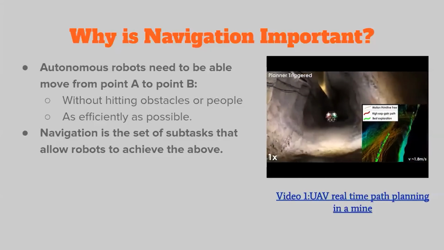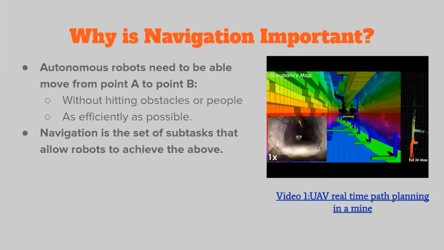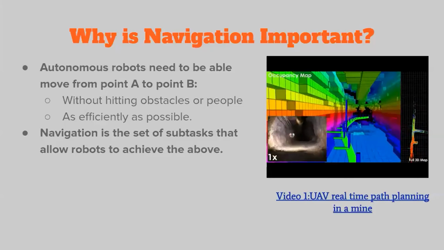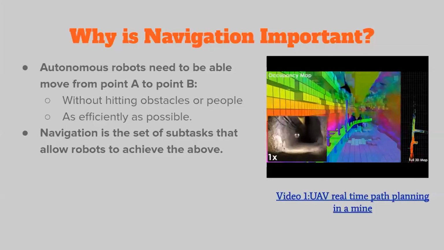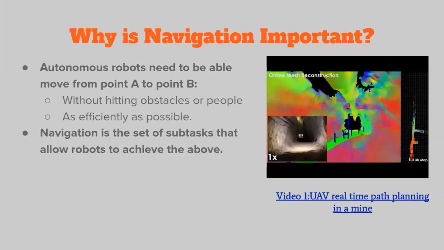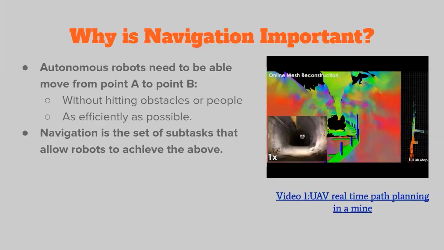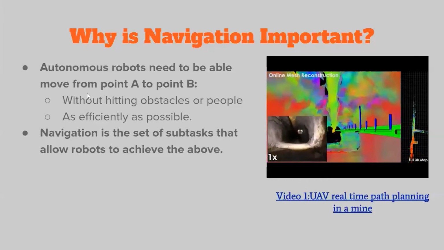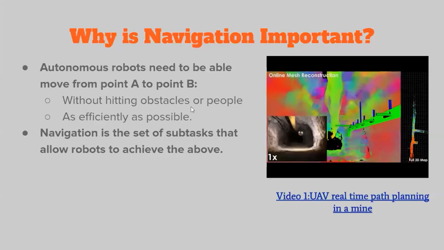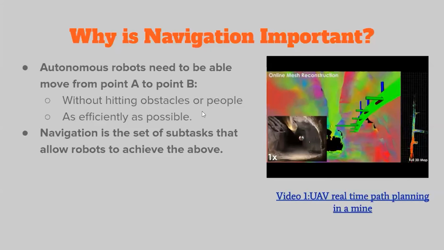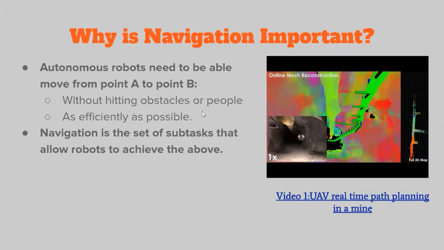You would want a path that avoids obstacles but also finds the shortest path between A and B. All of the subtasks that involve these two things are what you can call navigation tasks.